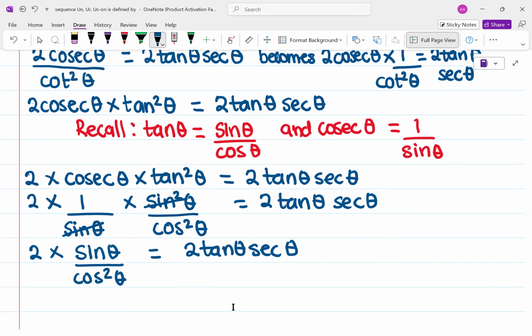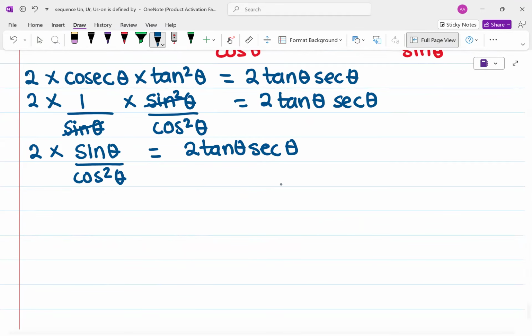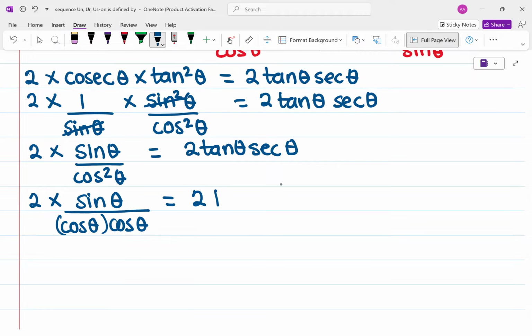How do we solve this further? We can have this as 2 times sin theta over cos theta equals 2 tan theta sec theta.